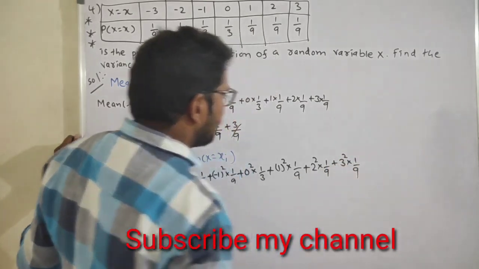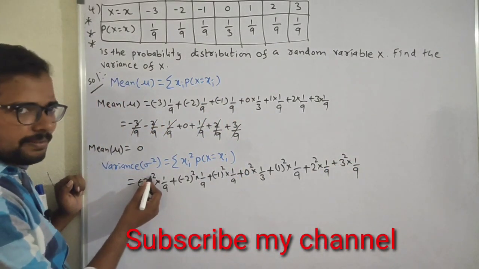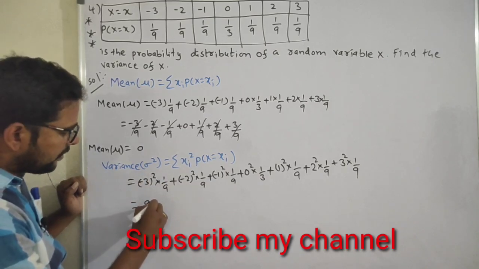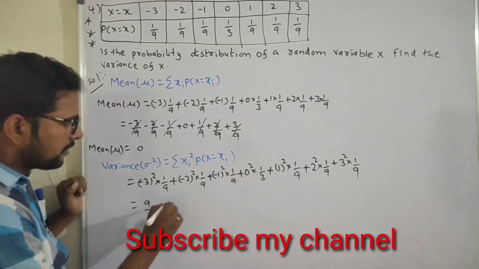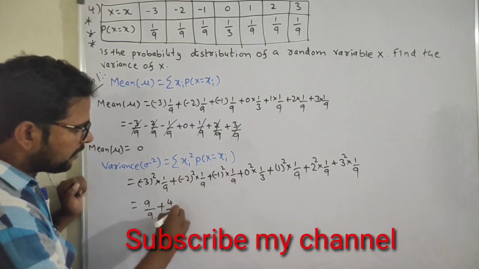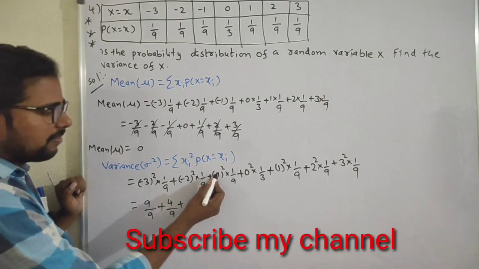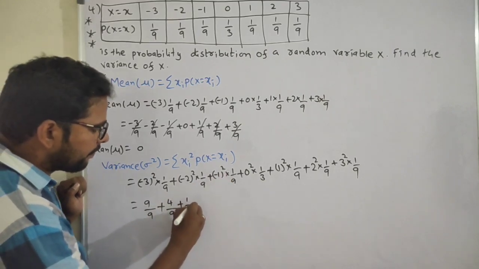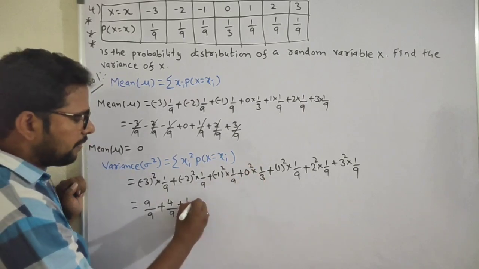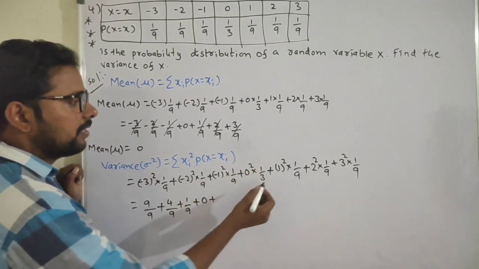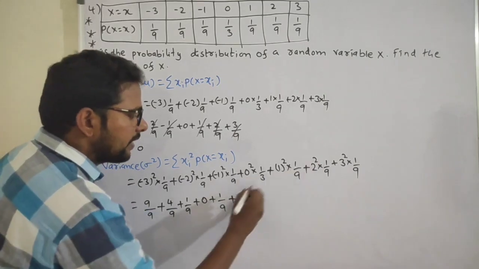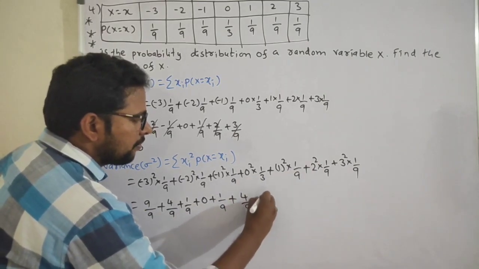So minus 3 square is plus 9, 9 ones are 9/9, plus minus 2 square is 4/9, plus minus 1 square is 1/9, 0 square into 1/3 is 0, plus 1 square is 1/9, plus 2 square is 4/9, plus 3 square is 9/9.